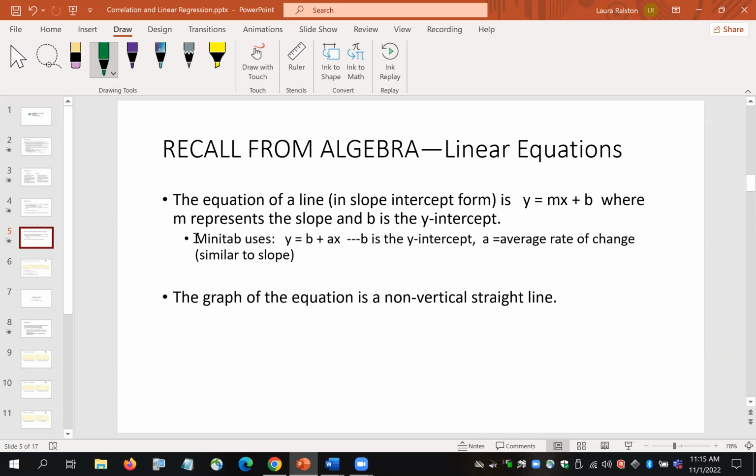In statistics, we may have 20 points. And so it takes into consideration all of those points, not just 2 of them. And of course, the graph of a linear equation is going to be a non-vertical straight line. Okay, so that's just a little quick review, and we'll talk about it more in a few minutes.